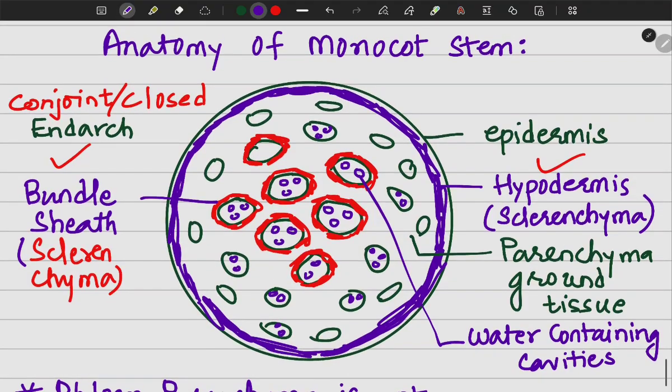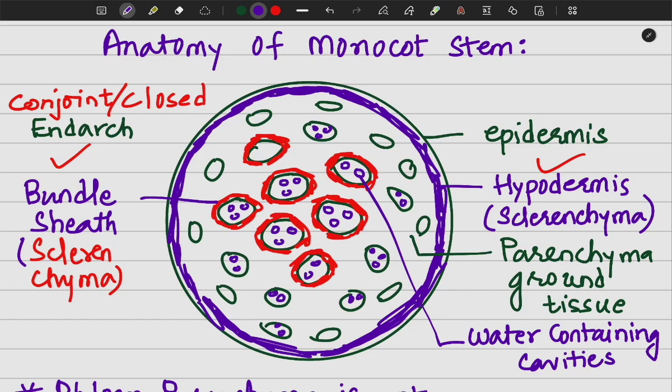So this completes the anatomy of monocot stem. It is quite unique, so I think it is easier for you to remember it. In case of monocot stem, we will have the hypodermis, which is made up of sclerenchyma. Then the whole of the ground tissue is not divided into the cortex, endodermis, pericycle. None of it will be found here.